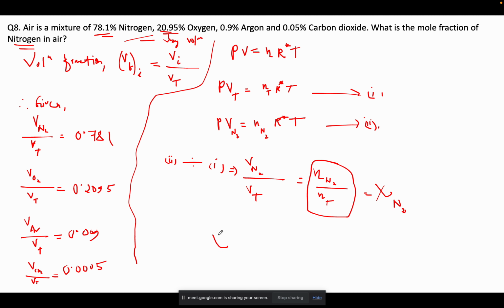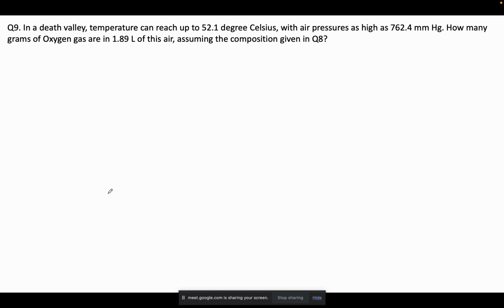So the mole fraction of nitrogen equals the volume fraction of nitrogen, which is 0.781. From here we know that the mole fraction of any gas is nothing but the volume fraction of that gas. Okay, fine.